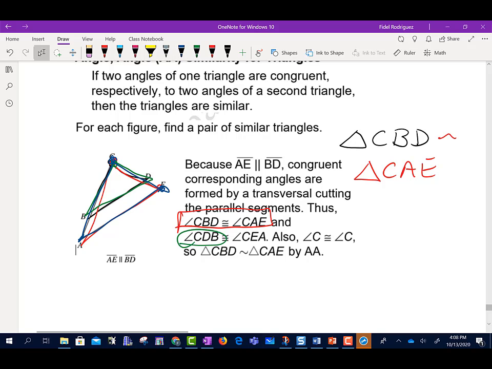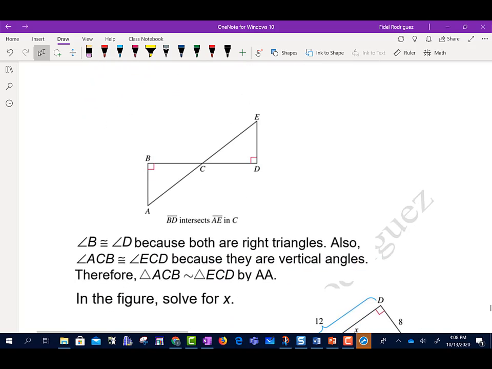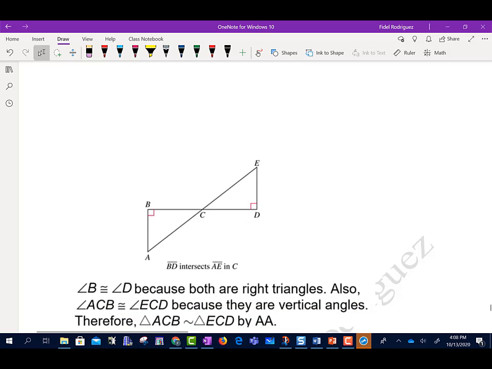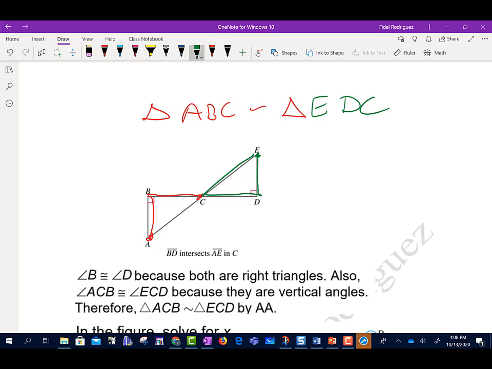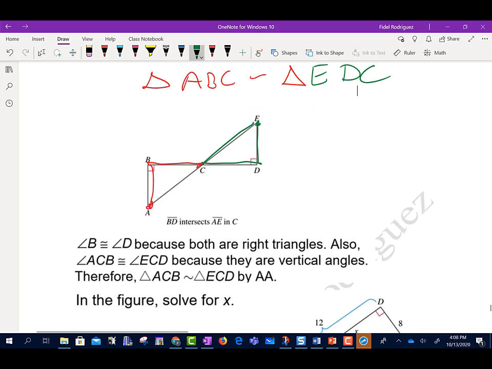Okay, so let's take a look. Keep going down here. We're going to do the same thing for this one here. So what triangles are going to be similar? Let's just find a pair. Triangle ABC is going to be similar to triangle EDC.